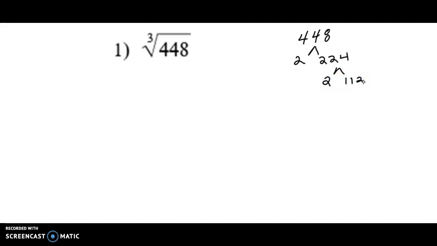And then 112 is still even, so I'm going to divide by 2 again, and I get 56. 56 is still even, so divide by 2 again. 2 and 28. Still even, so that's going to be 2 and 14. That's still even, so that's going to be 2 and 7. 7's a prime number. You can't break it down anymore.